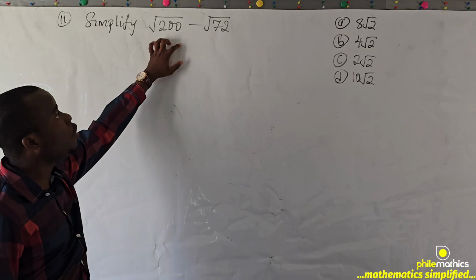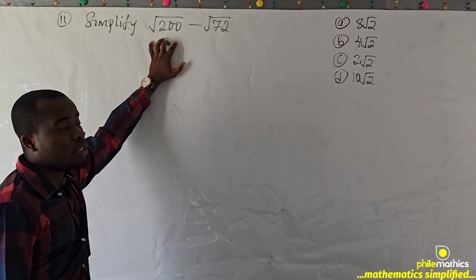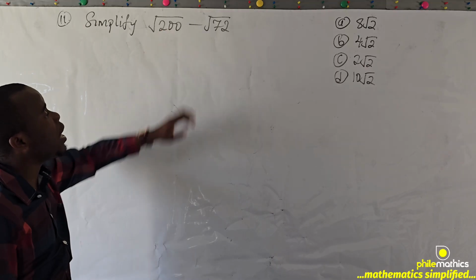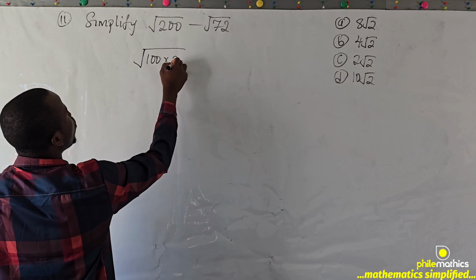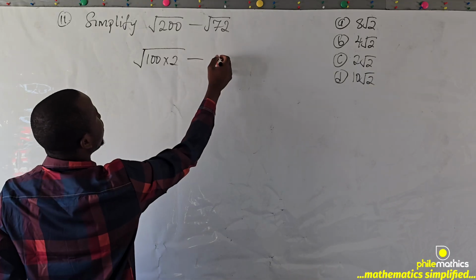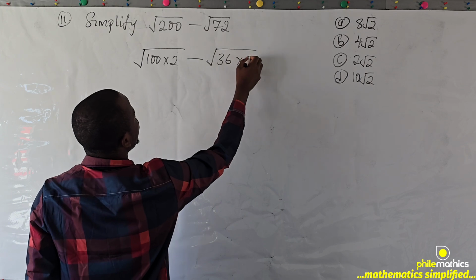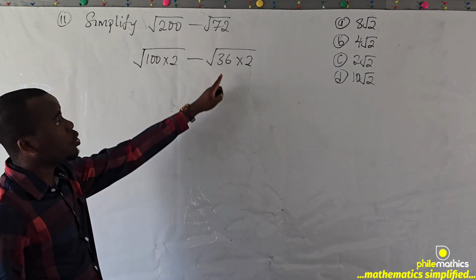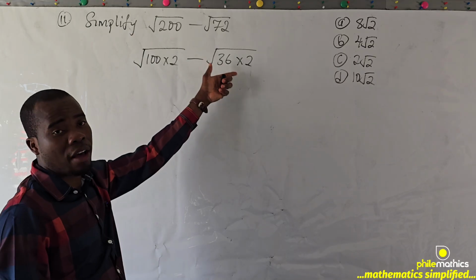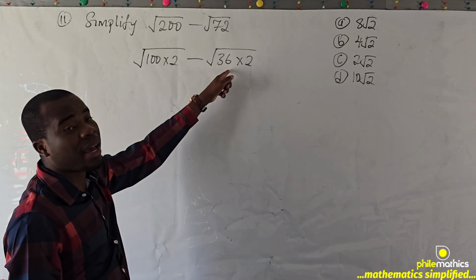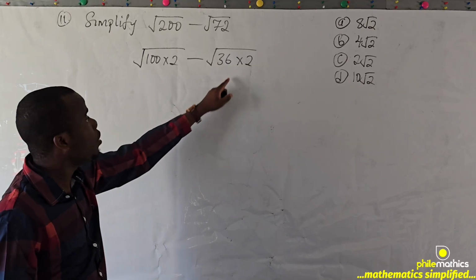If you look at 200, the largest perfect square that is inside is 100, such that we can put this as square root of 100 times 2. Likewise, the largest perfect square in 72 is 36, since 36 times 2 is 72. Because you could multiply 4 by 18 here, and 4 is a perfect square, and 9 by 8 here, 9 also a perfect square. So you want to consider the largest perfect square.